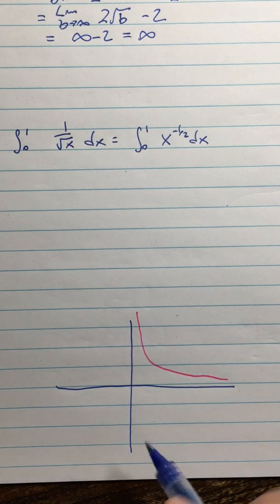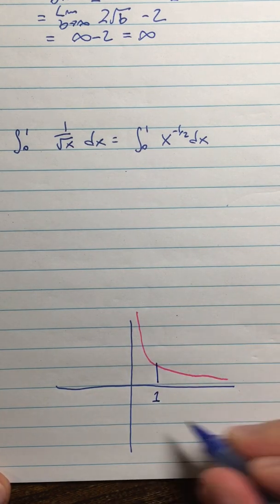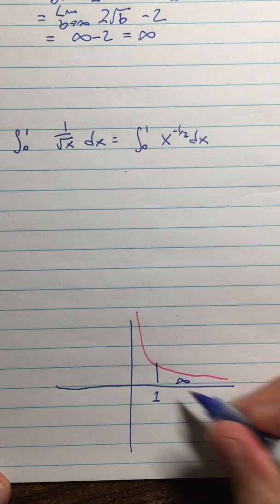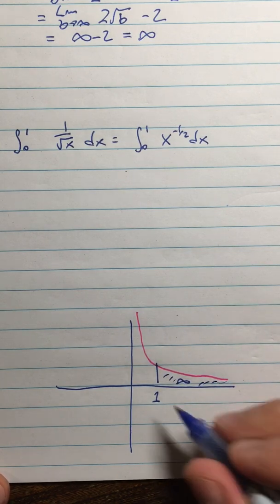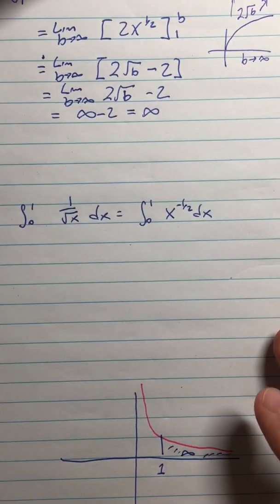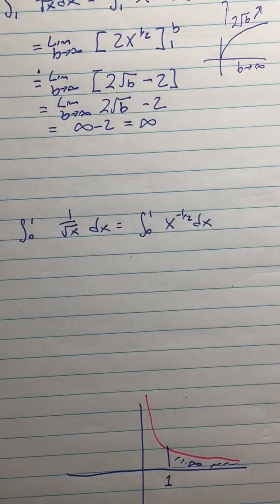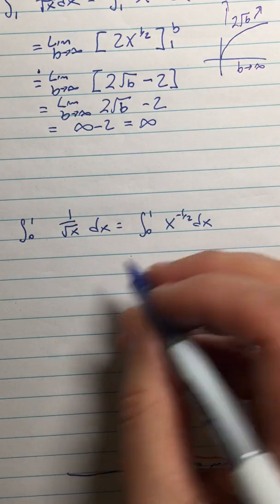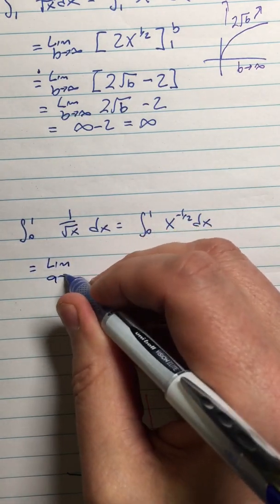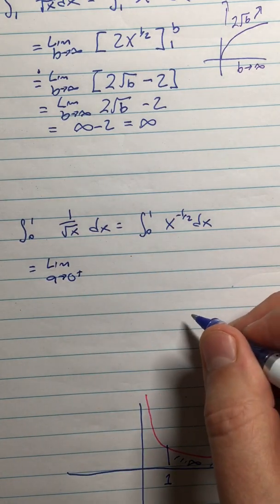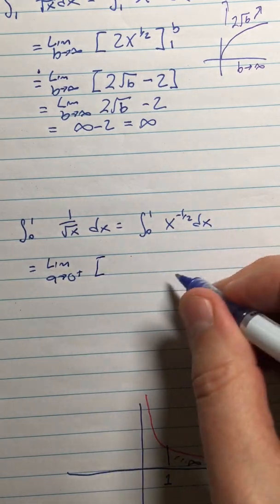So now this time, as I go to 1, this side is infinity. So this bit over here is infinity. What about this bit in here? Well, that is equal to the limit as a approaches 0 from the right of, and let's put our antiderivative right away.